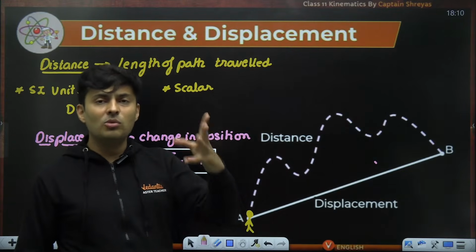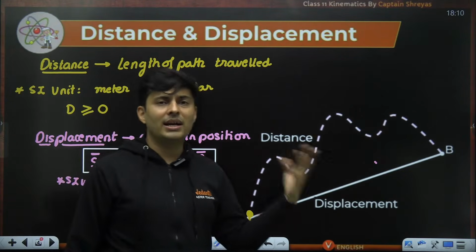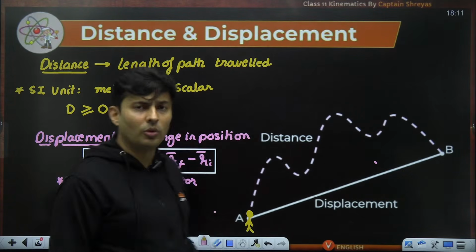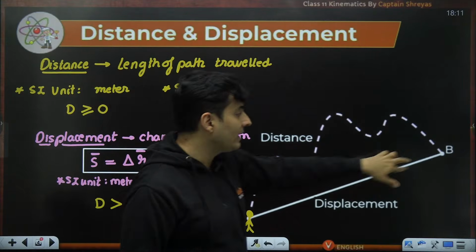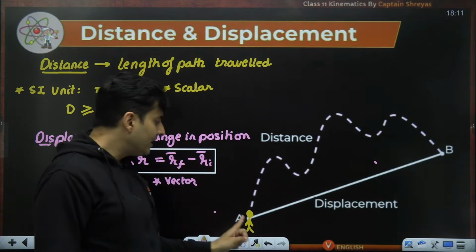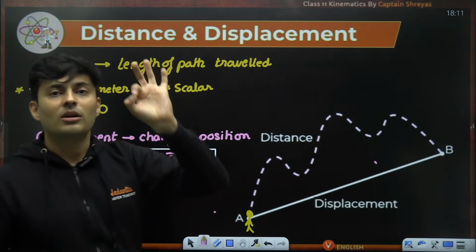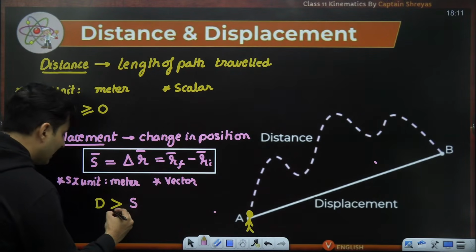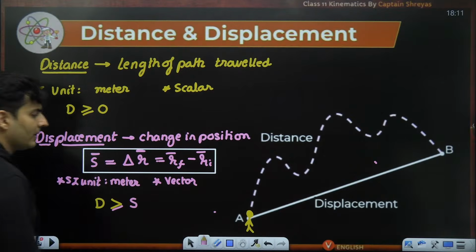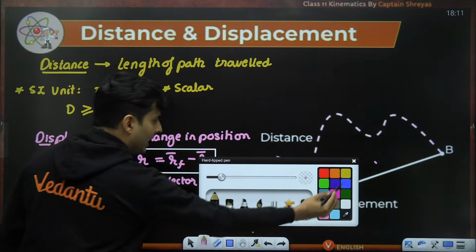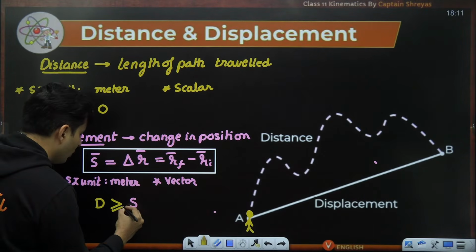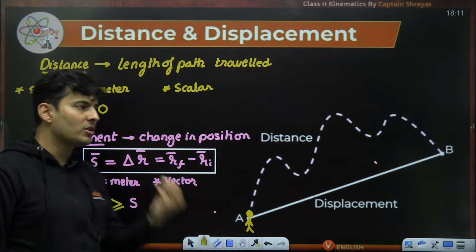But in a peculiar case, that day Pandu had an exam, so Pandu went directly to his home. He went along the straight path. Then the displacement and the length of the path traveled will coincidentally be the same. So that's why I can put equal to over here. Usually it is more than, but at times when you go along a straight path, it can also be equal to.